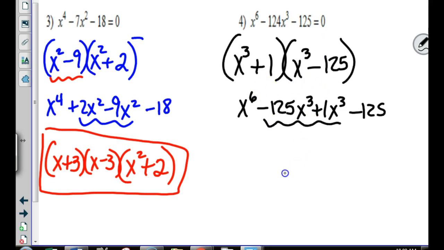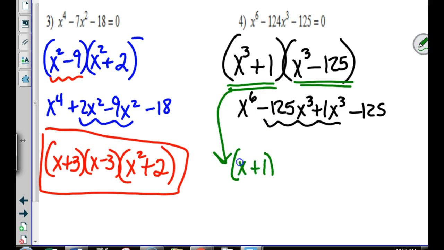Okay. What do you recognize now, though, that makes you kind of want to cry? These are cube patterns that we're supposed to have memorized. Remember? There's a reason I made you memorize those. You take the cube root of this, what is it? X plus 1. But what's the rest of it? Do you remember how it goes? This is where the SOAP comes in.